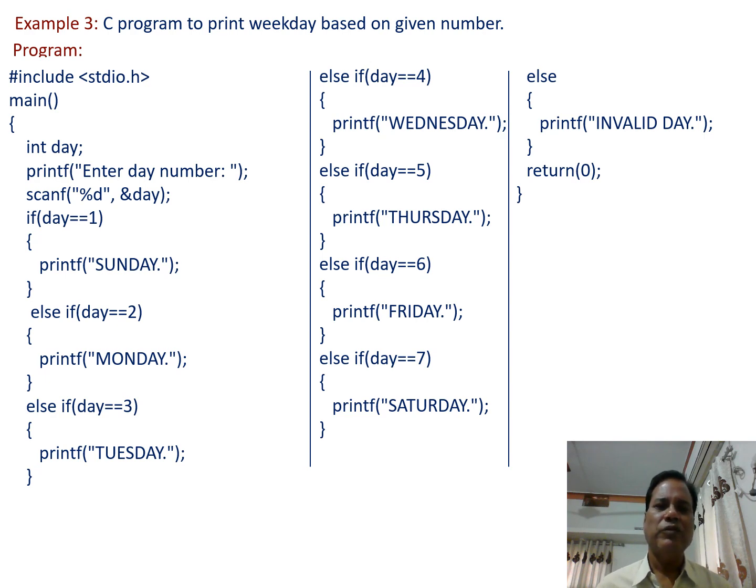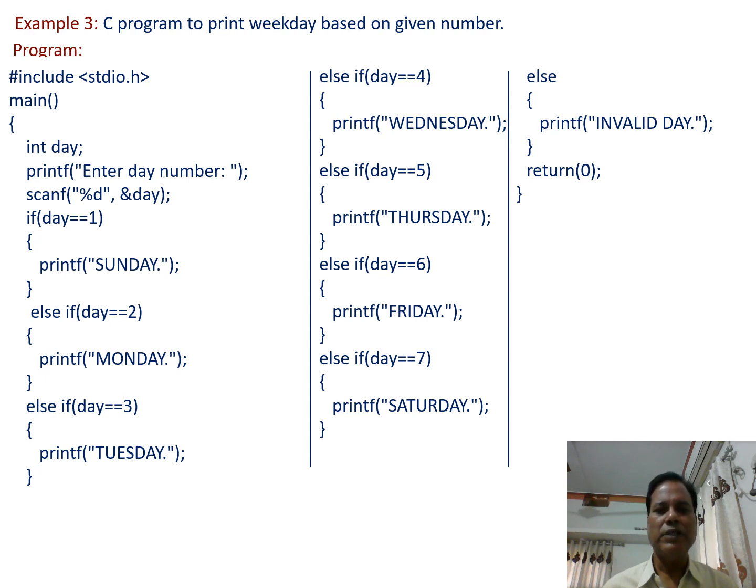Now using the else if ladder. First is if day equal to 1. If the value of day is equal to 1, then we print Sunday. Otherwise, else if, that condition is false, then again we test the value of day with 2. If the condition is true, we print Monday.